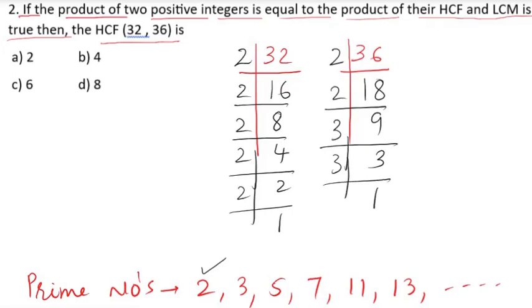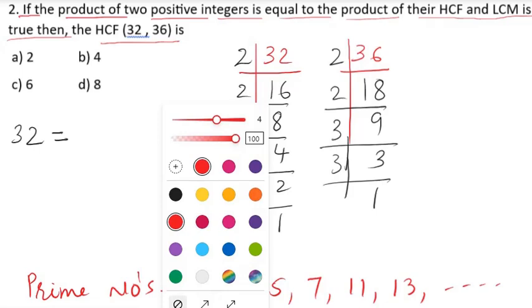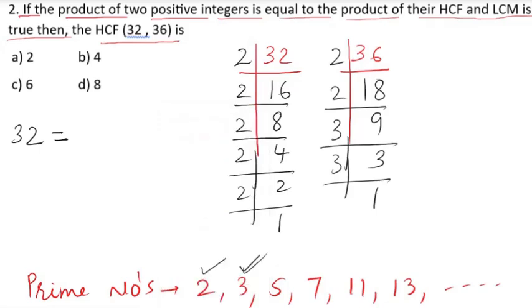Just take care, we have to take only prime numbers. I have taken prime number 2 to divide 32, and here I have taken prime numbers 2 and 3 to divide 36. Now the HCF of 32 and 36. First of all, 32 is equal to 2 times 2 times 2 times 2 times 2.